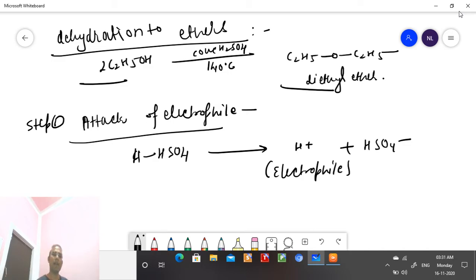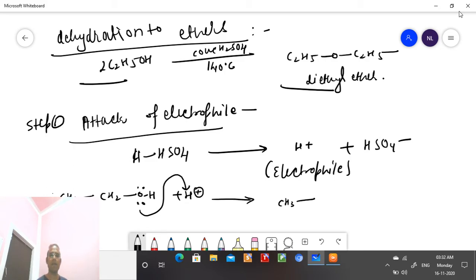And this electrophile is going to attack on what? It is an alcohol molecule. So we have CH3, CH2 and OH. Here the lone pair of electrons is there, as oxygen has 6 valence electrons. So this lone pair of electrons is going to attack here. So what is going to form?